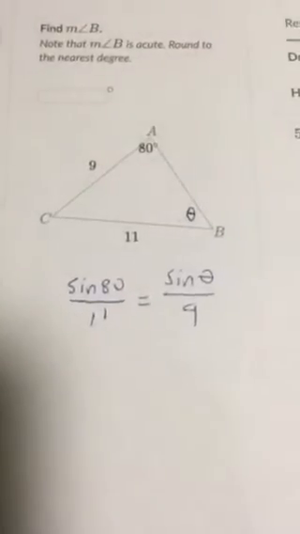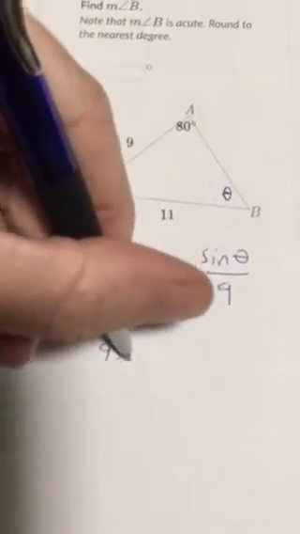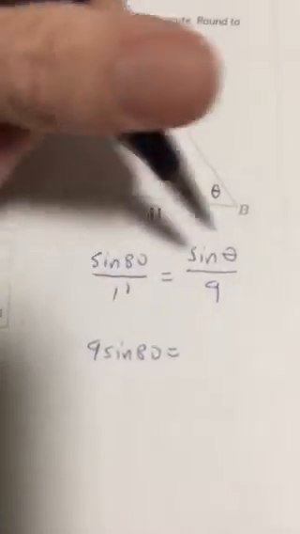Now I cross multiply again. I do 9 sine 80 equals 11 sine theta. And remember, in the end, I want to isolate theta. I want to find what theta is. So the first step I'm going to take is to divide both sides by 11.